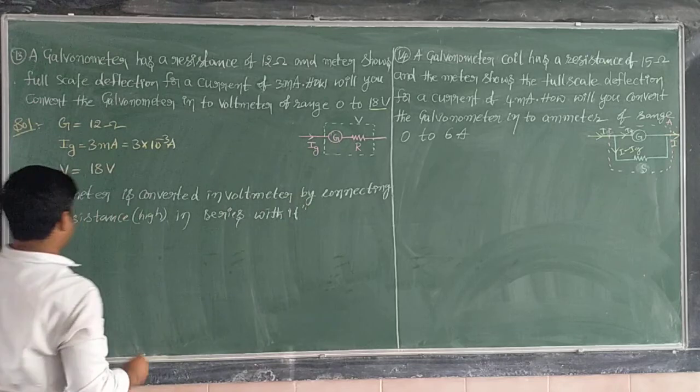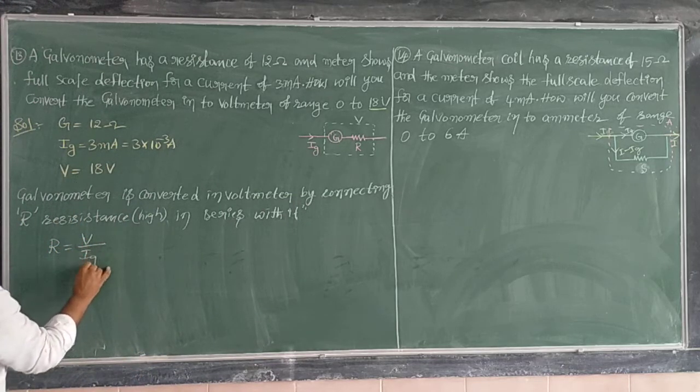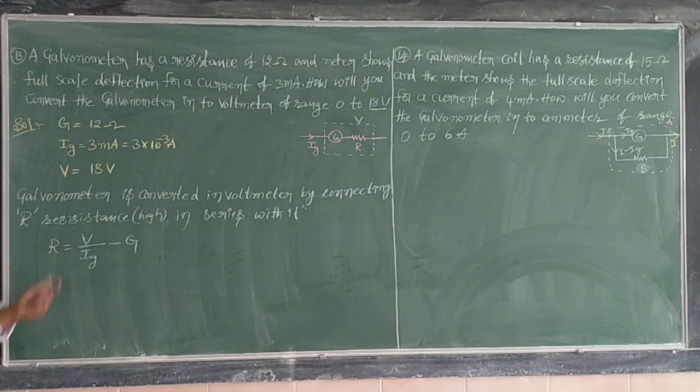Okay, now let me see what the formula is. R is equal to V divided by Ig minus G. This derivation I have done.